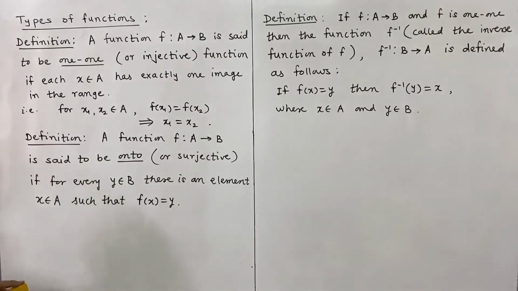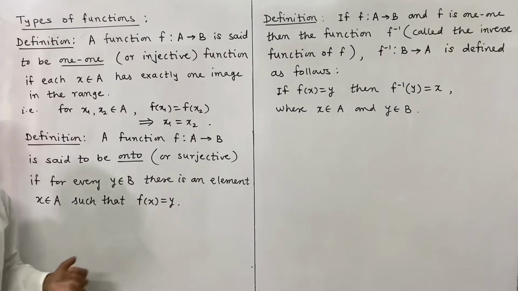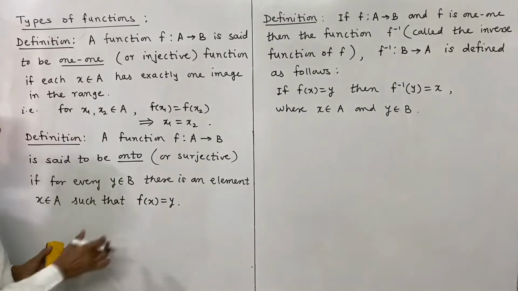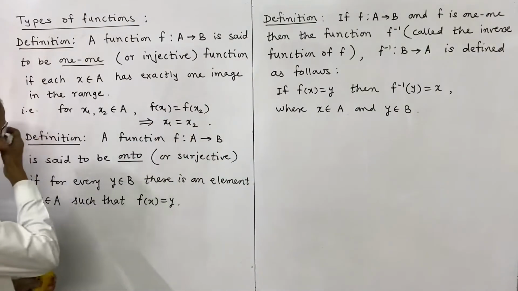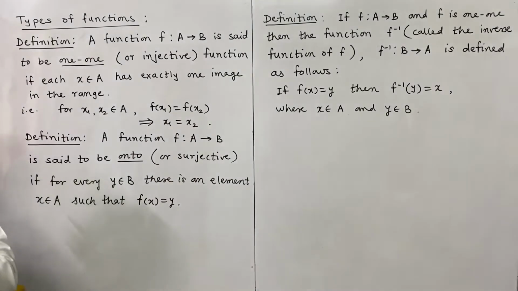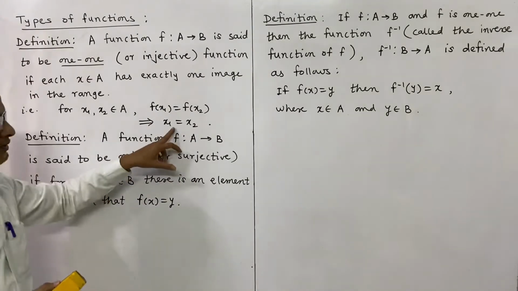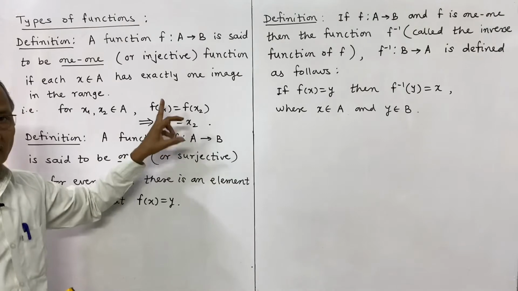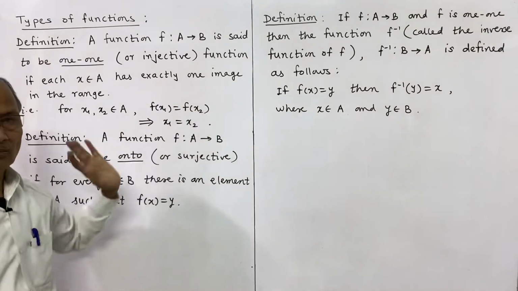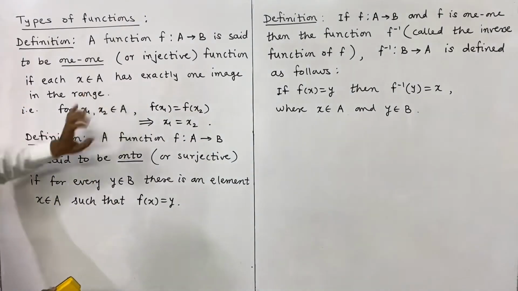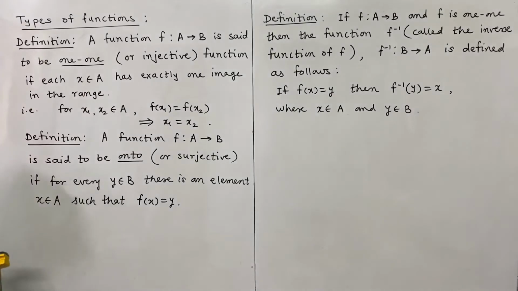That is one-to-one mapping. Every element is related to a unique element, and also conversely. Or in other words, if x1 is not equal to x2, then f of x1 is also not equal to f of x2. Such a type of function is said to be a 1-1 function.